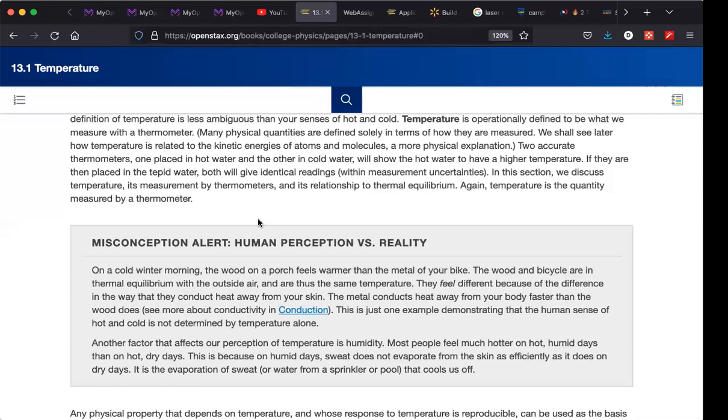The amount of heat that leaves an object is determined by the temperature difference between the object and whatever it's in contact with. So if I have very hot hands and I touch a surface that is 0 degrees Celsius, and the temperature difference between my hands and that surface is, let's say, 35 degrees Celsius, then a certain amount of heat will leave my hand and it'll be directly related to that temperature difference of 35 degrees.